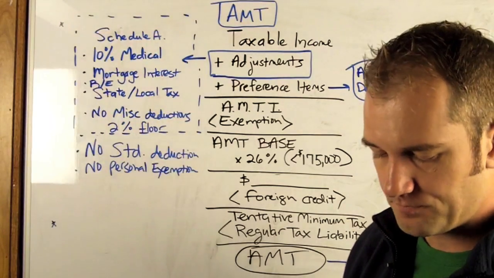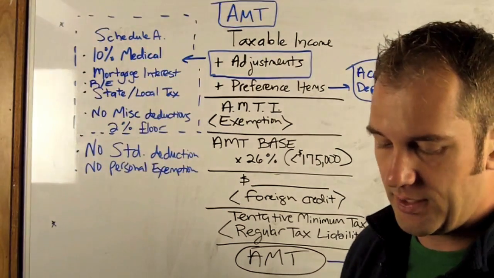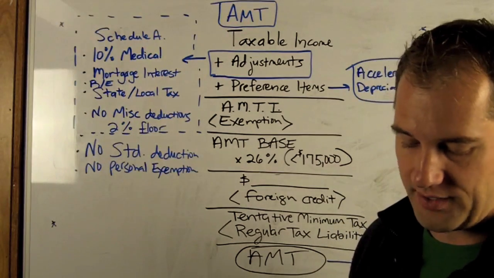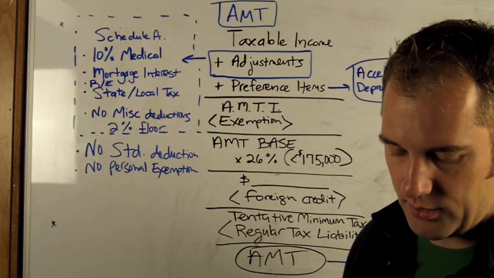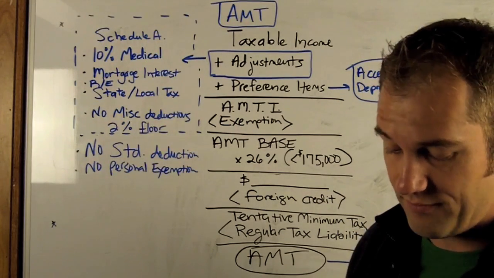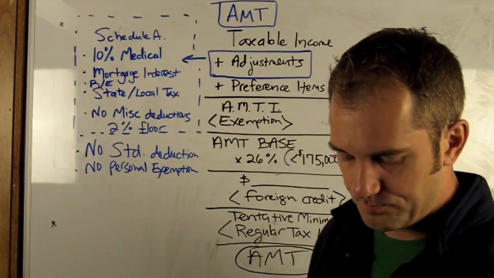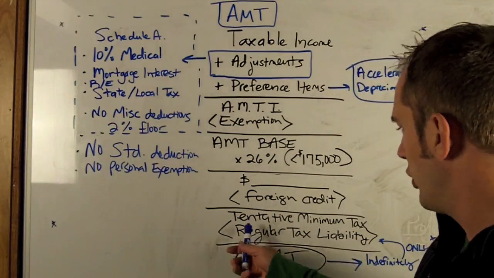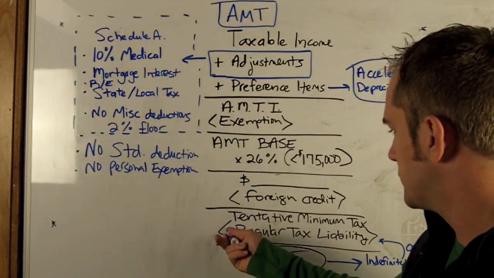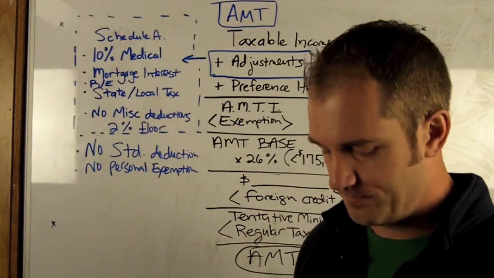The answer is B. Next: the credit for prior year alternative minimum tax liability may be carried forward indefinitely, 20 years, back 2 carried forward 20, or back 3 carried forward 5? And we just talked about it: it can be carried forward indefinitely. And again, it can only offset future regular tax liability. It cannot offset future AMT.